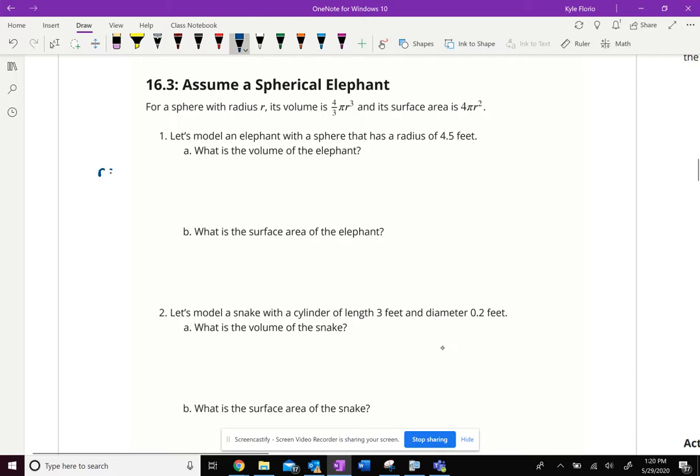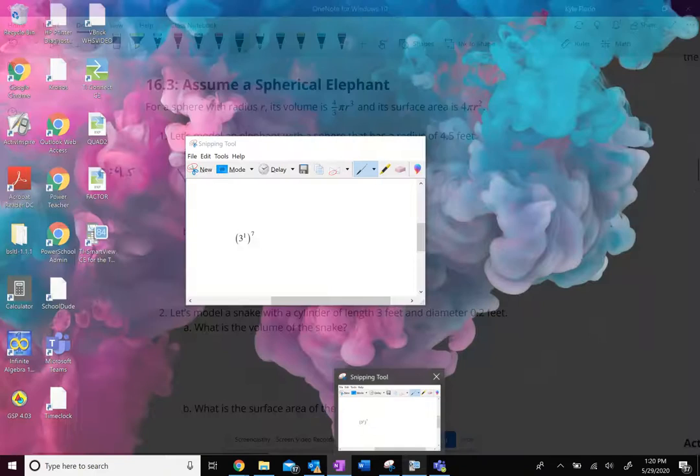So the radius is 4.5, and we want to find the volume, and the volume they just told us is 4/3 pi r cubed, which is 4.5 cubed. So I'm just going to throw that all in the calculator, save some time.